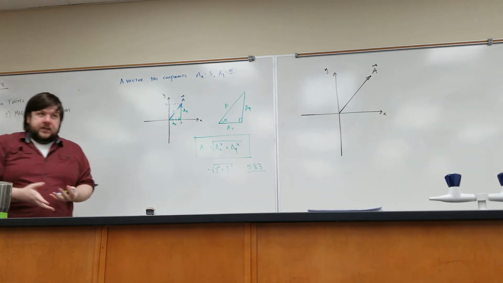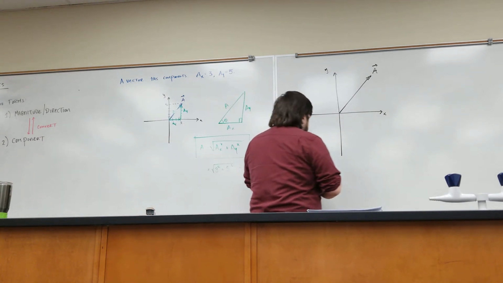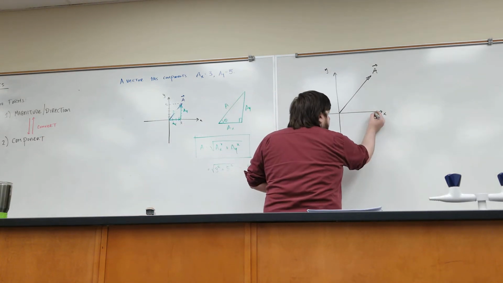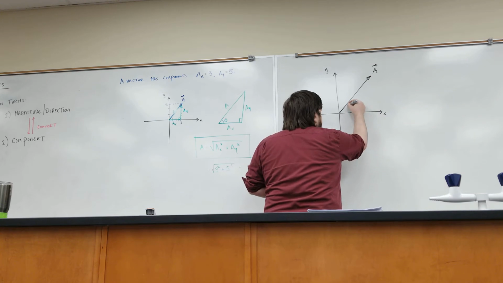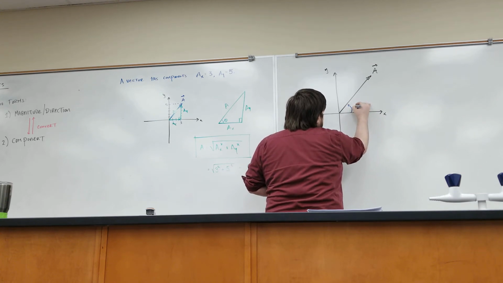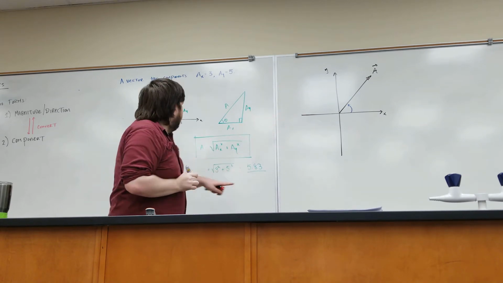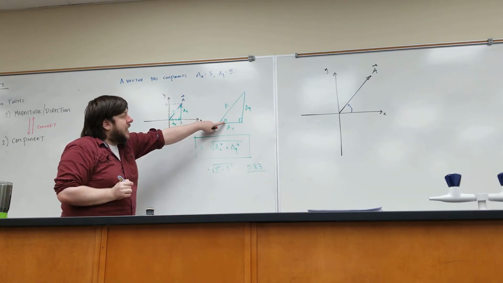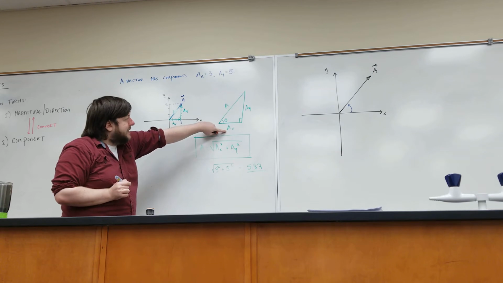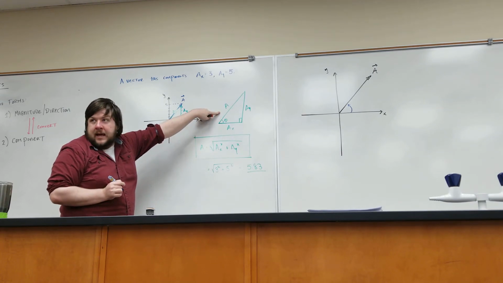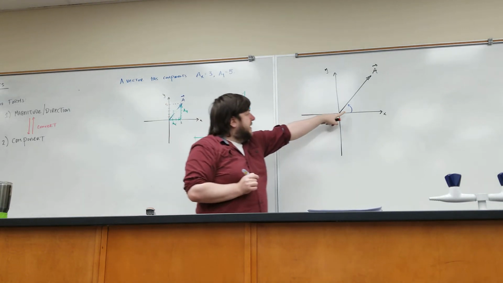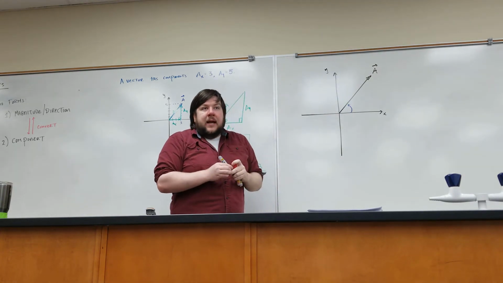They're all equivalent to one another. I could measure the angle starting from the x-axis and going counterclockwise. This is one possibility, and it's the one I chose here. This angle theta is in between the x-axis and the vector itself.